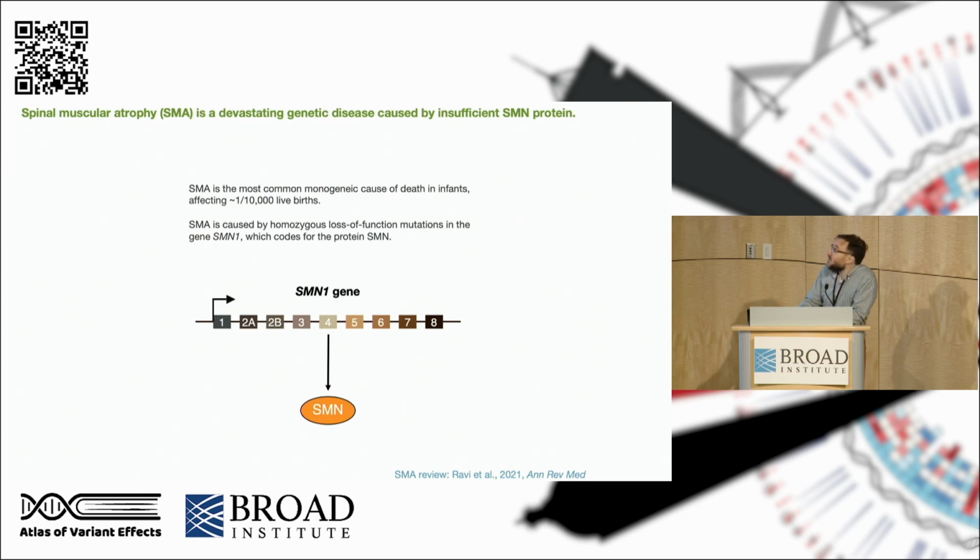Spinal muscular atrophy is a devastating genetic disease. It's caused by insufficient SMN protein. The disease is the most common monogenic cause of death in infants, affecting about 1 in 10,000 live births. SMA is caused by homozygous loss-of-function mutations in the gene SMN1, which codes for the ubiquitously expressed and essential protein SMN.